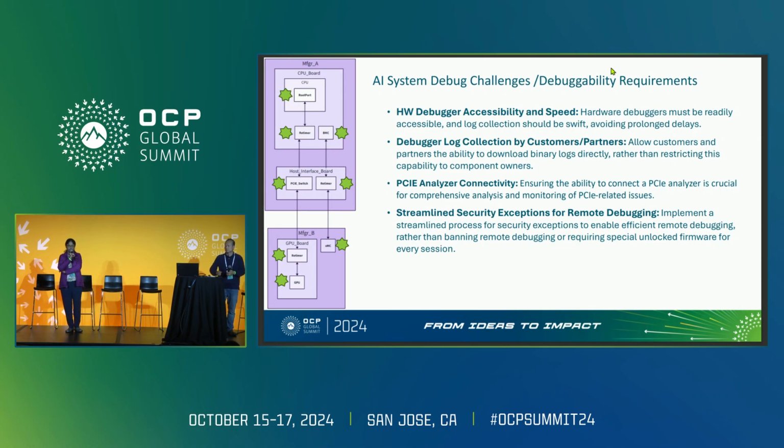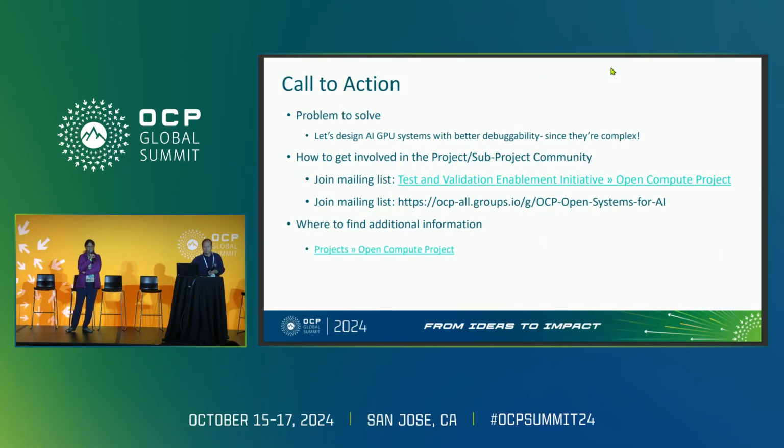So moving on to the call to action. Let's design AI GPU systems with better design for debug in them so that it makes it easier for us to debug. How can the industry help us here?